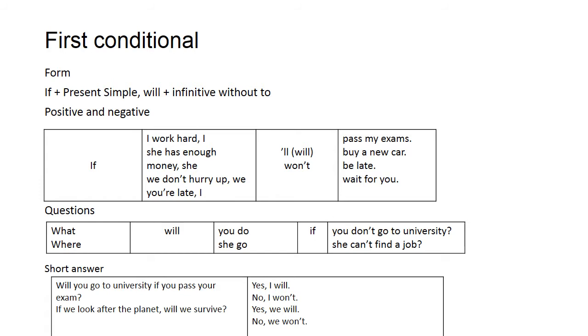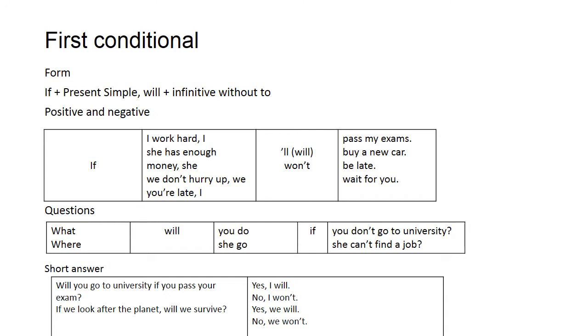And if we make a sentence positive or negative, the sentence consists of if, and then the first sentence, comma, and then the second sentence. For example, if I work hard, comma, I will pass my exam.